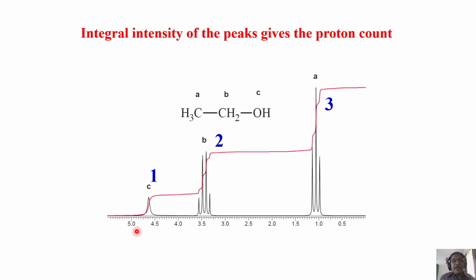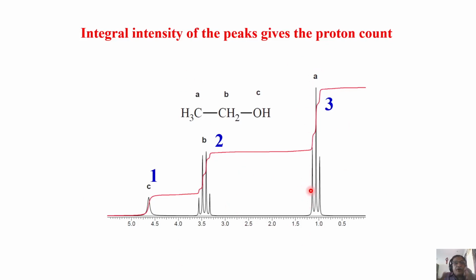But remember, there must be something relative. If I don't give any of these things, you will not be able to say. It must be relative. I know this is a single proton CH. Because of this, I can compare. This is twice the intensity. I can compare this as thrice the intensity. If I give you only this one peak, and I don't give you the numbers and I don't give you this region of the spectrum, you don't know if it is 3 or 5 or 10.